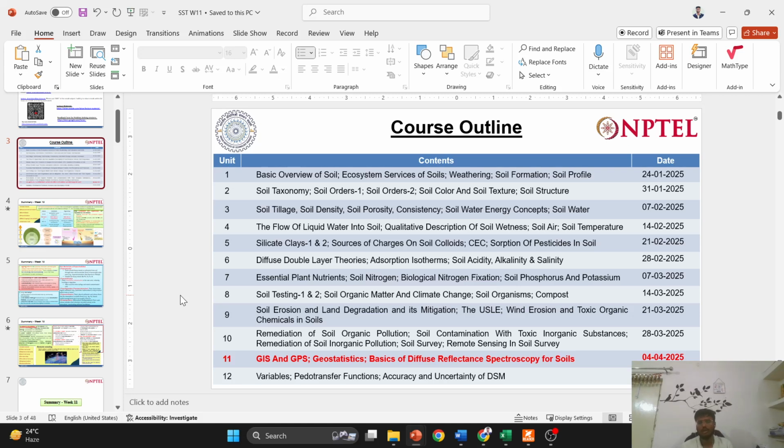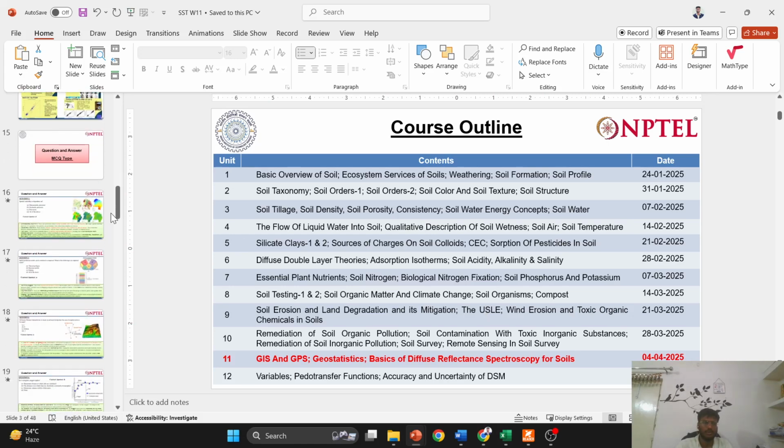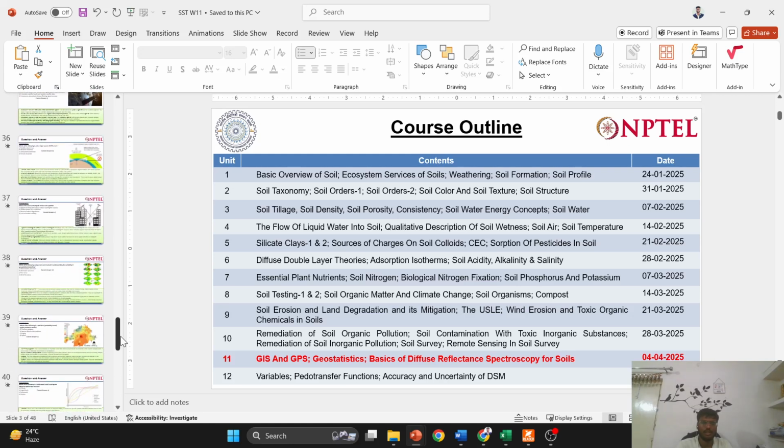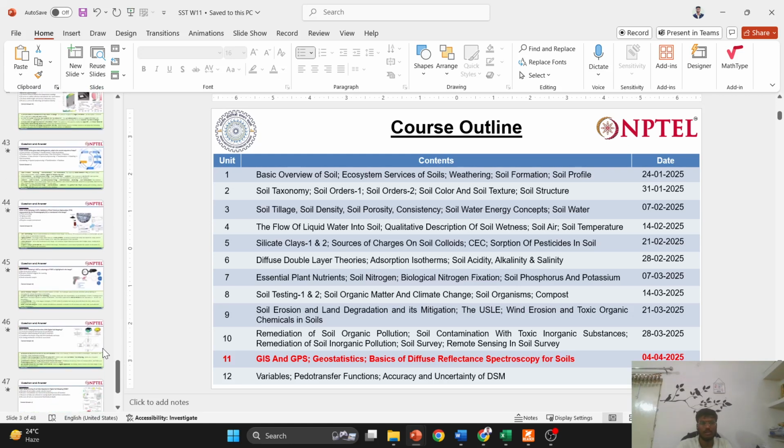Then we have also discussed the basics of diffuse reflectance spectroscopy and XRF or PXRF, right? That instrument that we generally use in the field is cost effective and rapid in nature, to measure multiple elements and certain soil properties, like heavy metals, macro and micronutrients, soil pH, soil electrical conductivity, etc. And then finally, we have solved certain questions related to this week number 11.